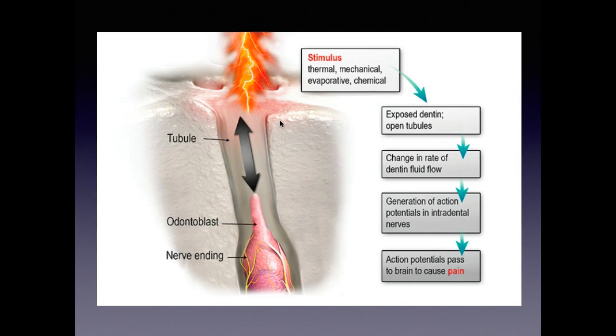The products that we recommend, such as Sensodyne, are put on the surface of the tooth to pack those tubules. They have the ability to penetrate into the tubules and seal them up. Some products are more effective than others, and it's basically a matter of trial and error.